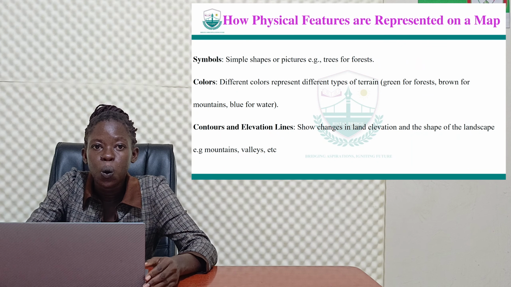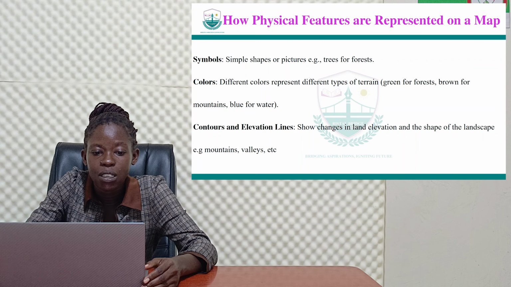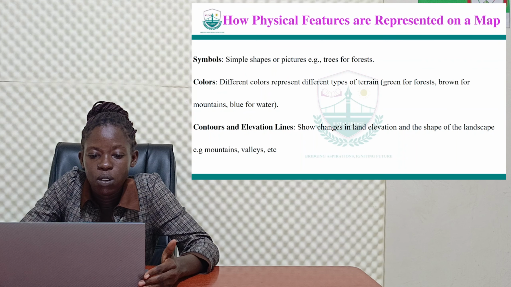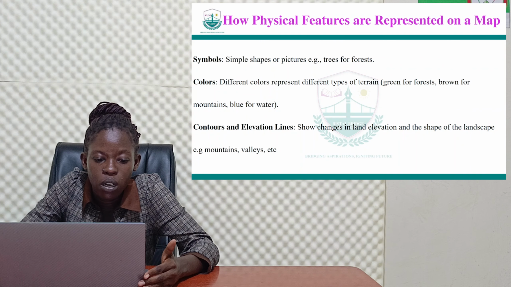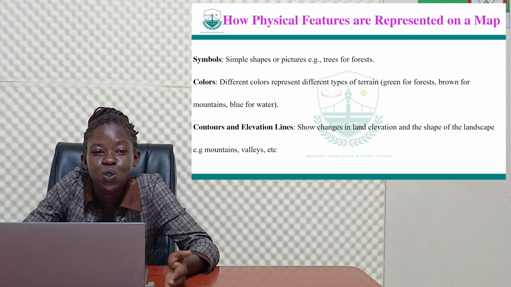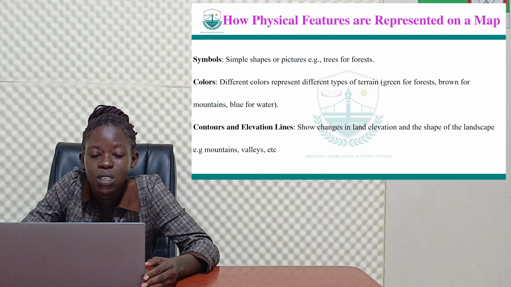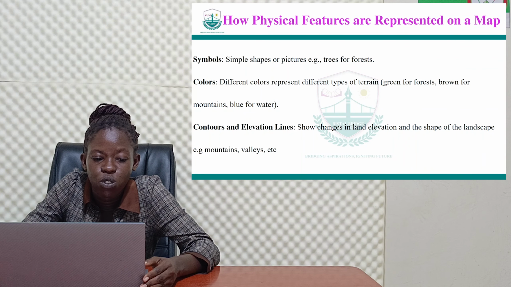Having got an understanding of the examples of the physical features on the map, how are they represented on a map? These features are represented on the map as symbols. There's no need for you to draw the whole forest as you've seen it in the physical. You can easily represent it on a map in the form of a symbol, a symbol of a tree.